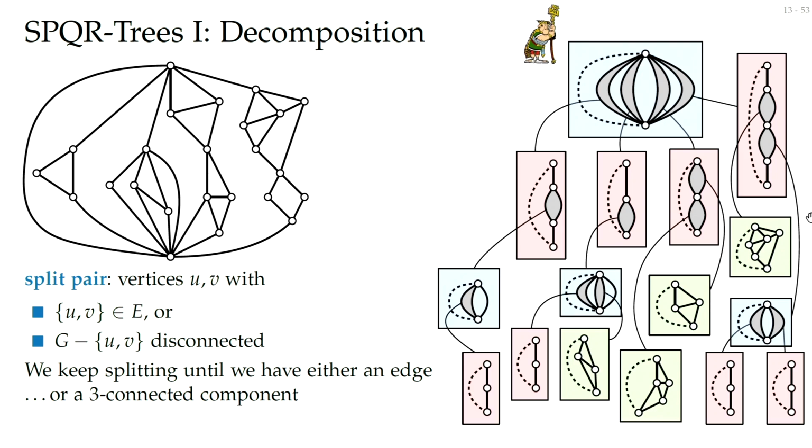If we look at the red components, then we always have some components that are stacked on top of each other. And if we look at the green ones, then it's reconnected, there is no splitting pair here. And those are the different types of nodes that we get from different rules.